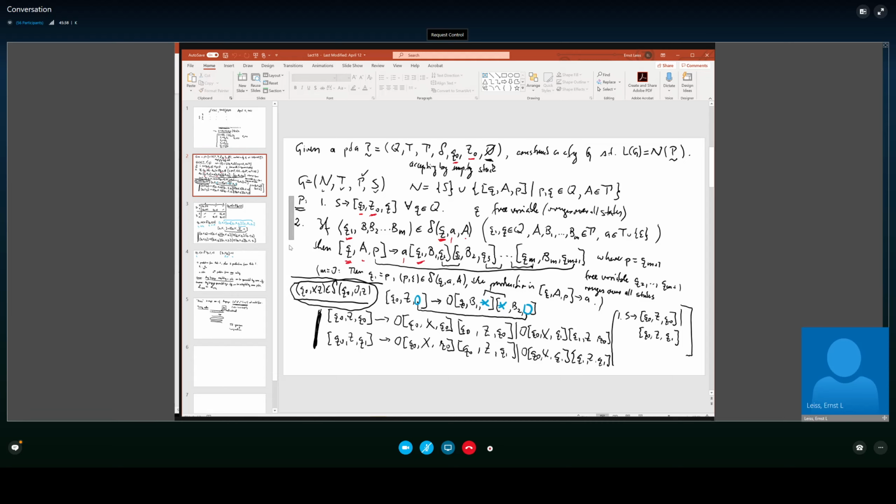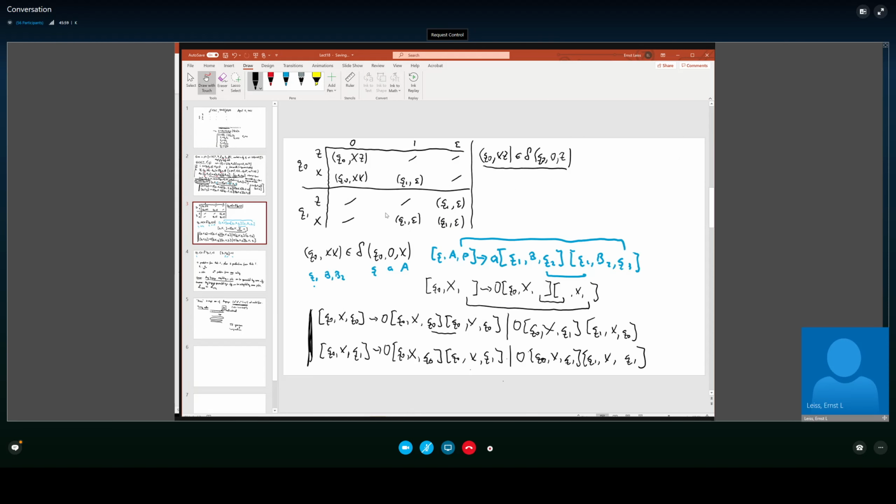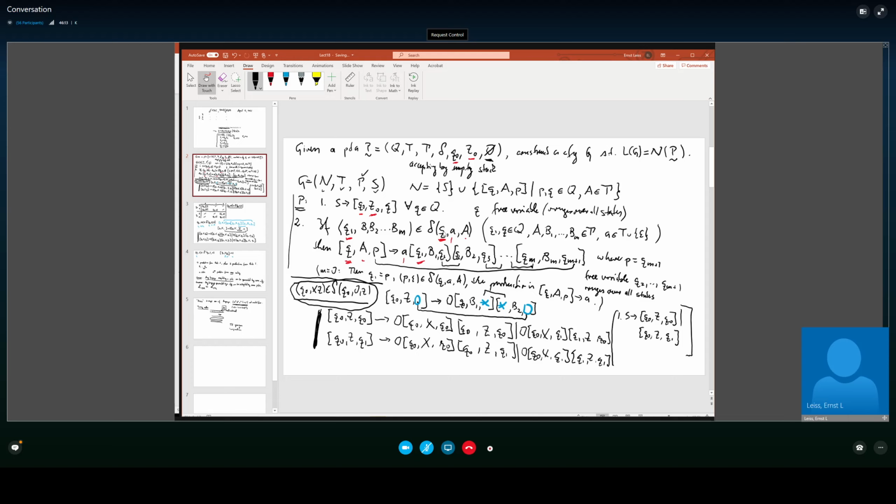This is what you have to apply, and then you have to do that pattern matching. So you take essentially an entry. If you look at this, there is this inside, and so this is delta of Q0, 0, and Z. And so what you do is you have the delta of Q, little a and capital A, and that is what's sitting there.